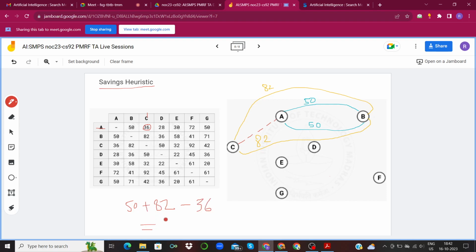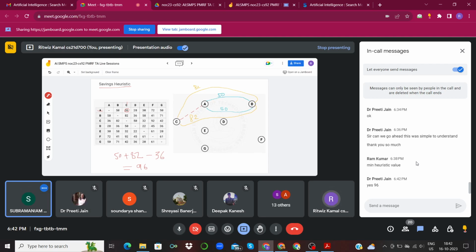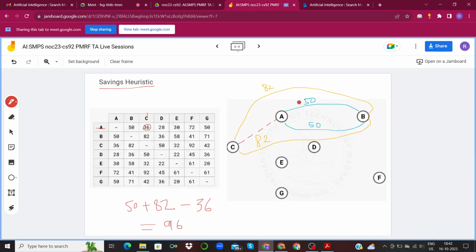So if I am correct, that will come out to be 96. Can someone verify that, please? Okay. Thanks for confirming. So that will have 96 as its cost, as its savings, you could say.